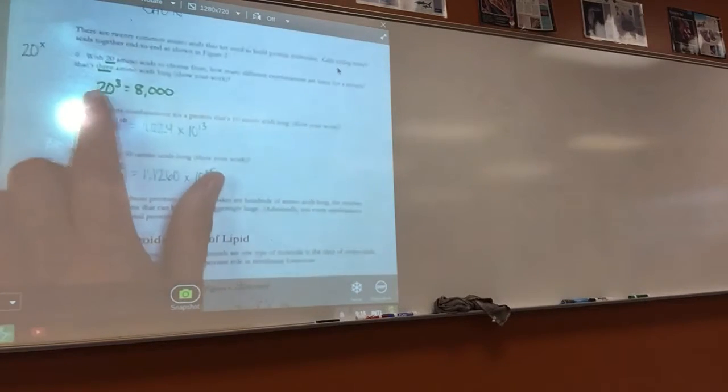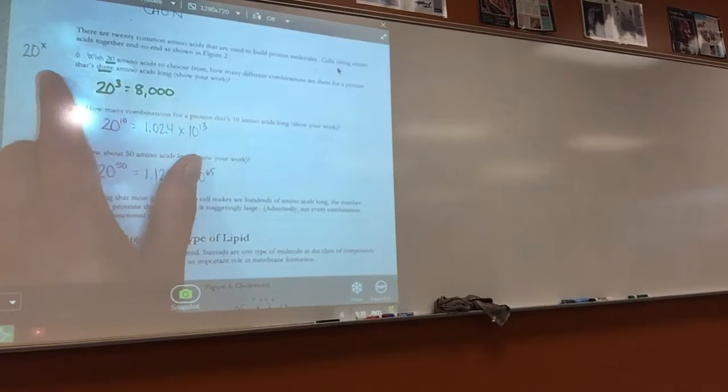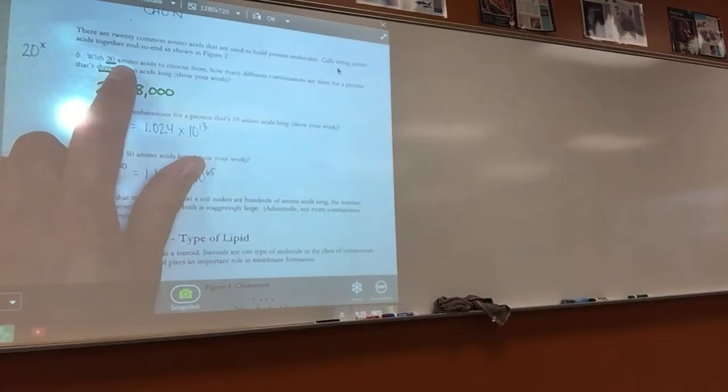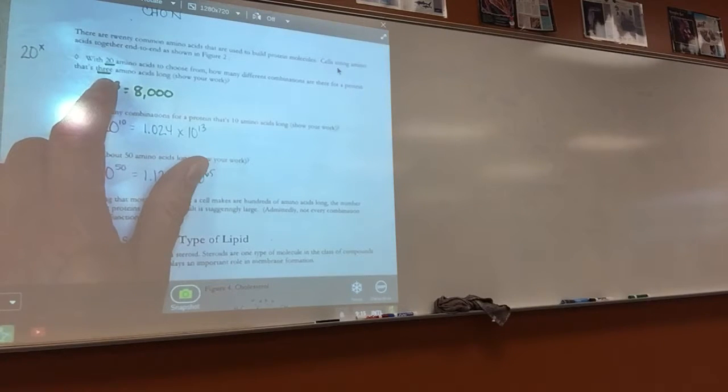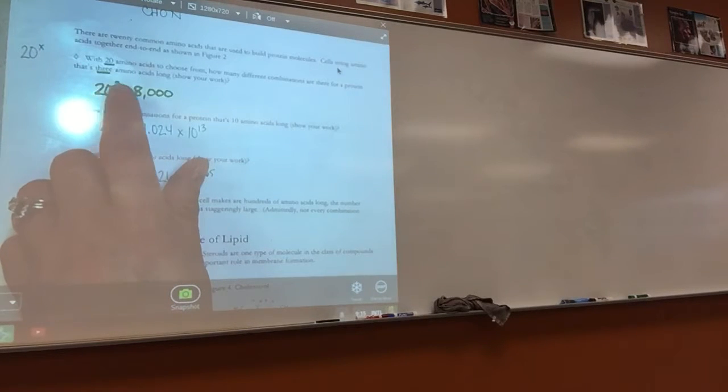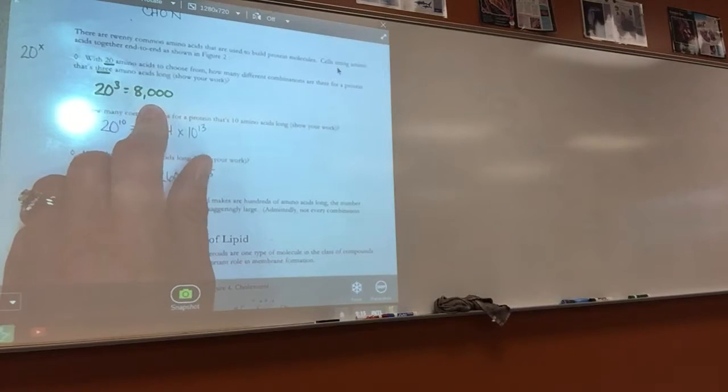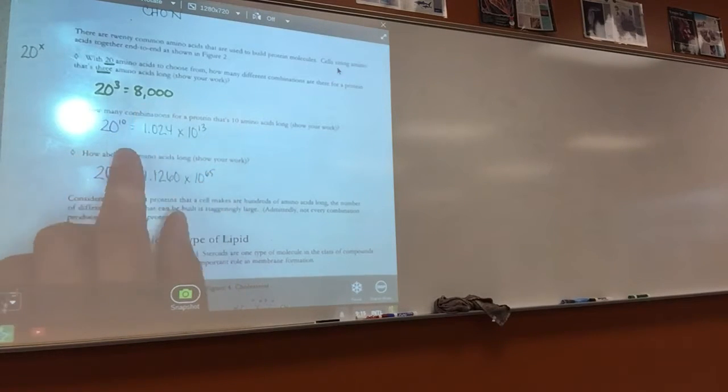This one here is the formula. There's 20 different amino acids available, and if you want to see how many different combinations I can make if I just put 3 amino acids together, the X power is the length of the chain. So 20 to the 3rd power would give you 8,000 different combinations of a polypeptide that's 3 amino acids long.